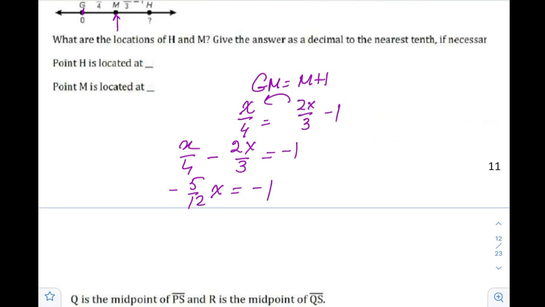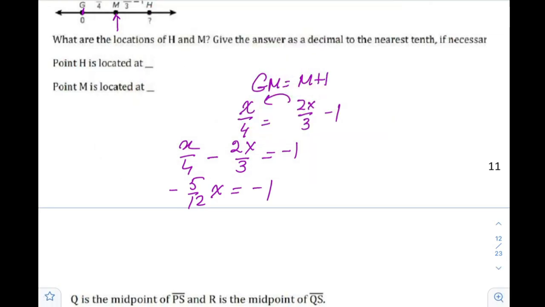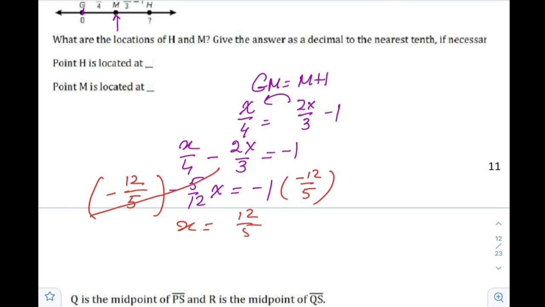How can I solve for x? You can multiply both sides by the reciprocal, or divide by negative 5 over 12 simply. So x is 12 over 5 and 12 over 5 is 2.4.